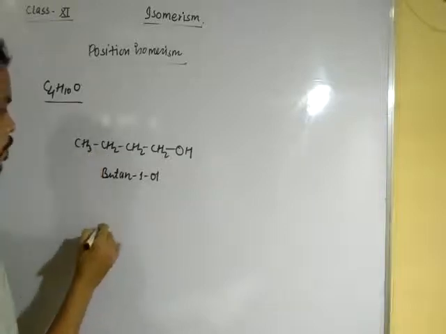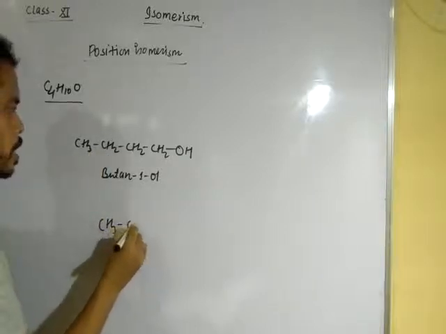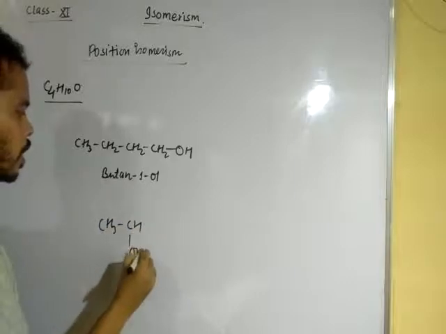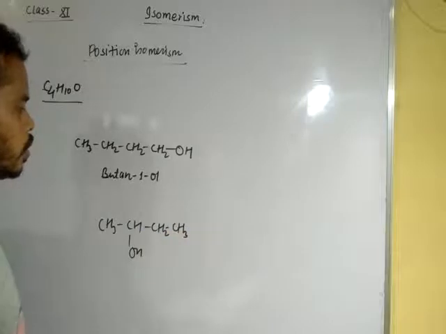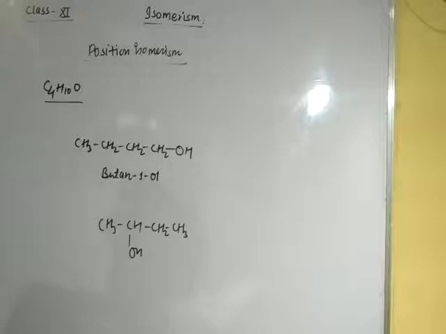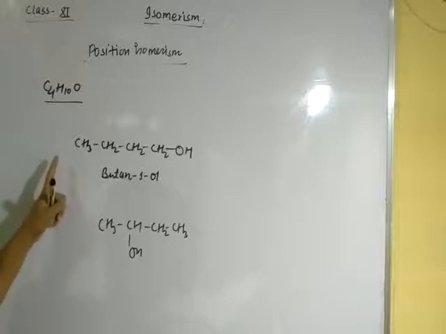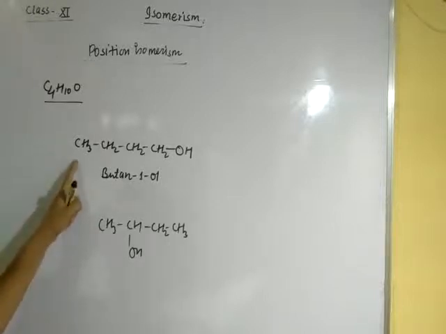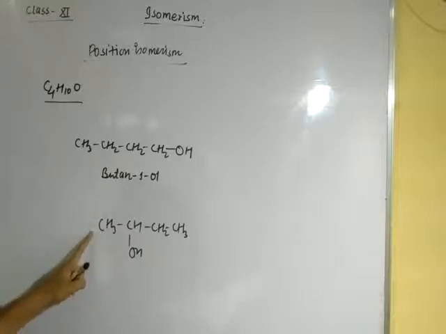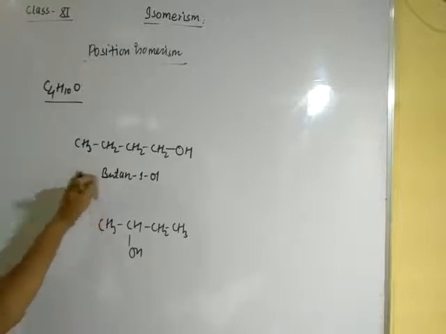So CH3, CHOH, CH2, CH3. You can calculate the number of atoms in both compounds. You will find the same number of carbon atoms, hydrogen atoms and oxygen atoms. Here 10 hydrogen atoms, here also 10 hydrogen atoms, 4 carbon, 1 oxygen, 1 oxygen.